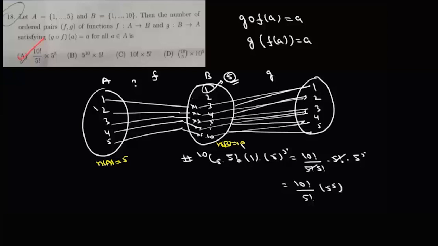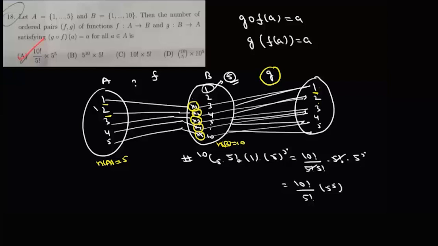That means after this composition, 1 should be mapped to 1, 2 should be mapped to 2, and so on and so forth. Since g is a function, there must be at least 5 elements in g that have images as 1, 2, 3, 4 and 5. Let us suppose those 5 elements are x1, x2, x3, x4 and x5.